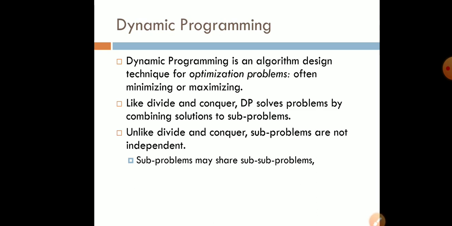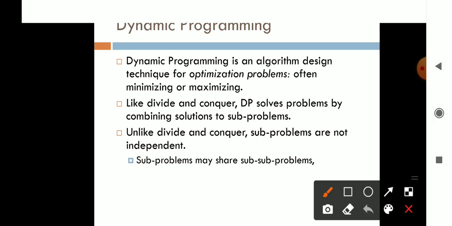Now we will see actual dynamic programming. Okay, so dynamic programming is an algorithm design technique. Remember, it is a design technique for optimization problems. I have already told you about the optimization problem, often minimizing or maximizing.